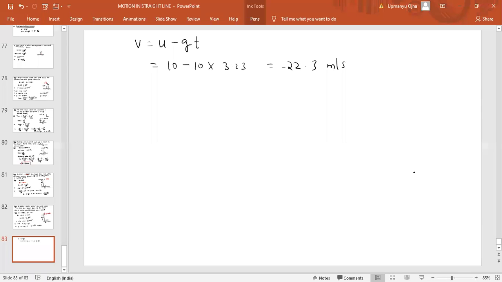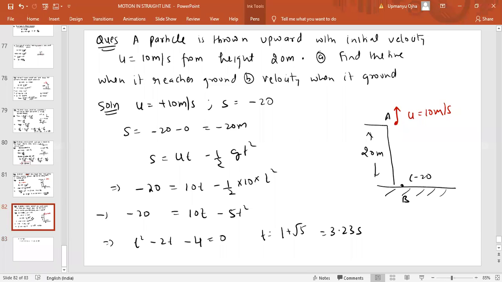I hope you understood the concept here. I think you can do all the problems of this type. Here you only have to consider two things. First, see the point where you are throwing the object. That point is taken as the reference point.